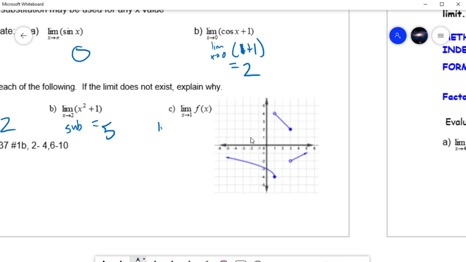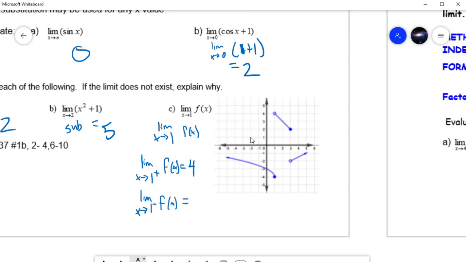Okay, so the limit as x approaches 1 of f of x. We're going to start by determining what happens as x approaches 1 from the right side. If I look, it approaches the value 4. Then I'm going to look at what happens as x approaches 1 from the left side, and I notice it's negative 4.